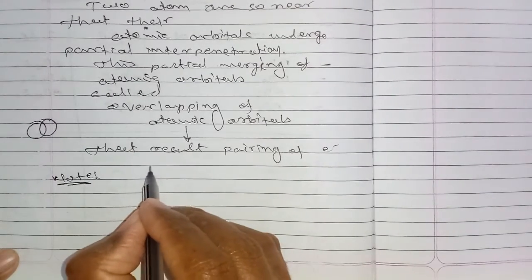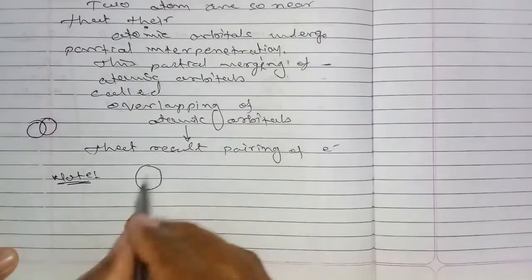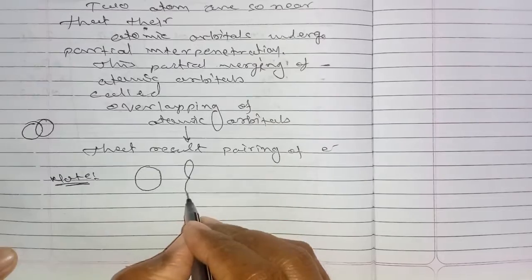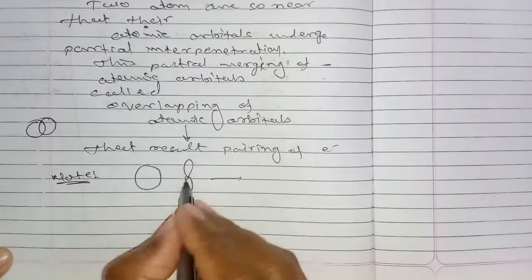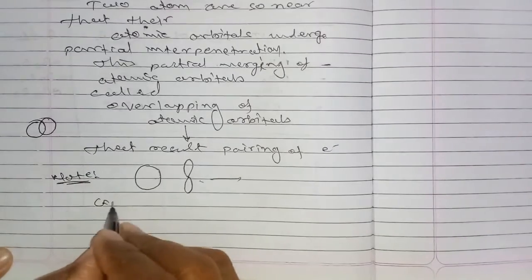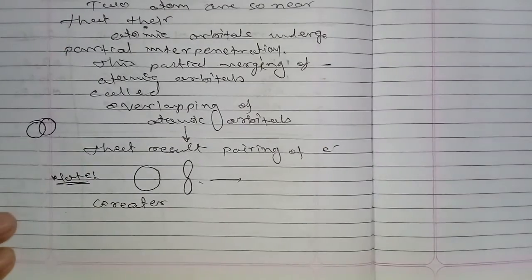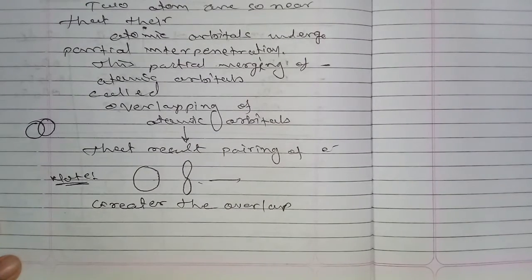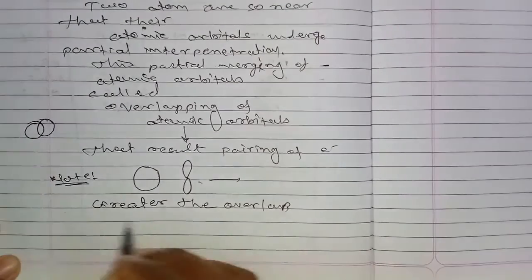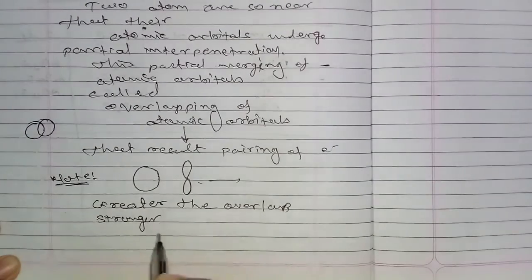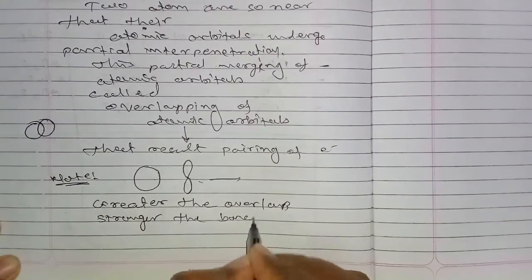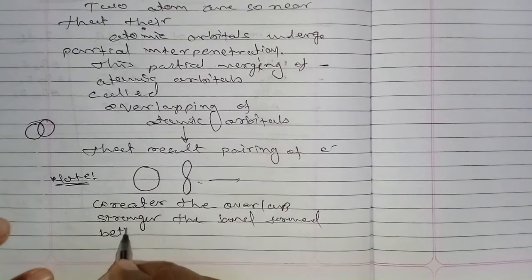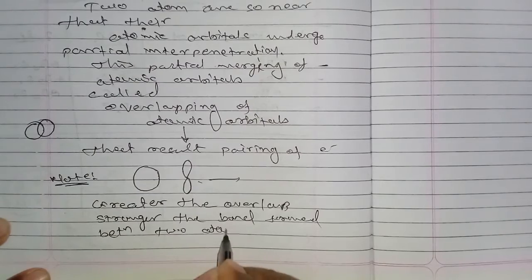Here, if an s orbital has a spherical shape and a p orbital has a dumbbell shape and they overlap, the greater the overlap, the stronger the bond formed between two atoms.